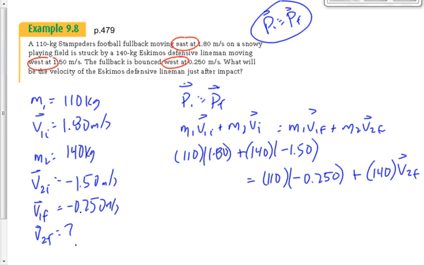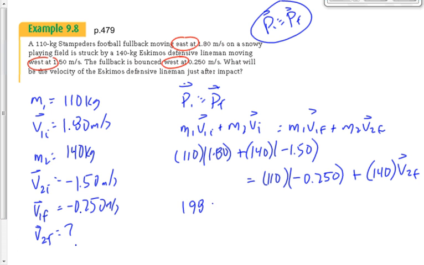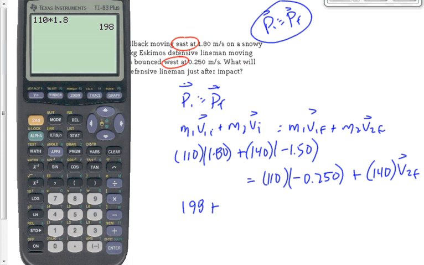Okay, let's go through the rearranging of this one, because if you're having a little bit of trouble with the last one, then you definitely have trouble with this one. 110 times 1.8 is 198. 140 times negative 1.5, that's negative 210.